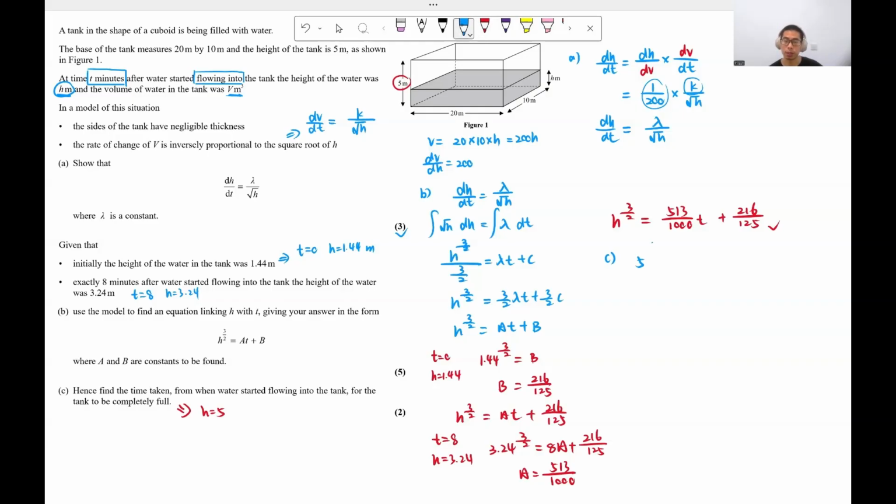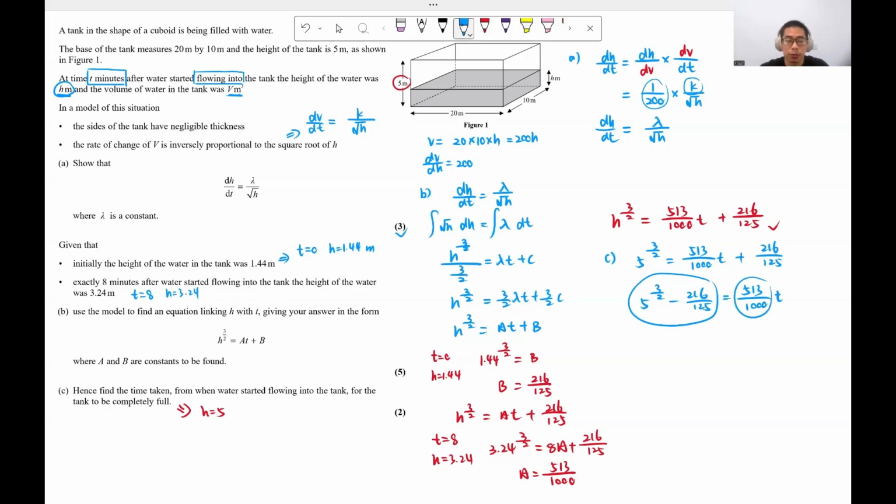So 5 to the power 3 over 2 equals 513 over 1000 t plus 216 over 125. Then 5 to the power 3 over 2 minus 216 over 125 equals 513 over 1000 t.